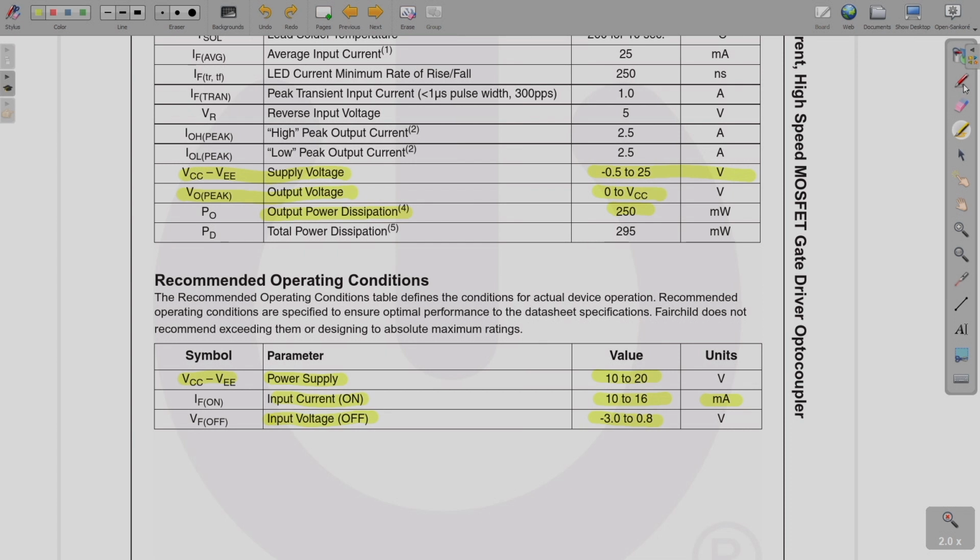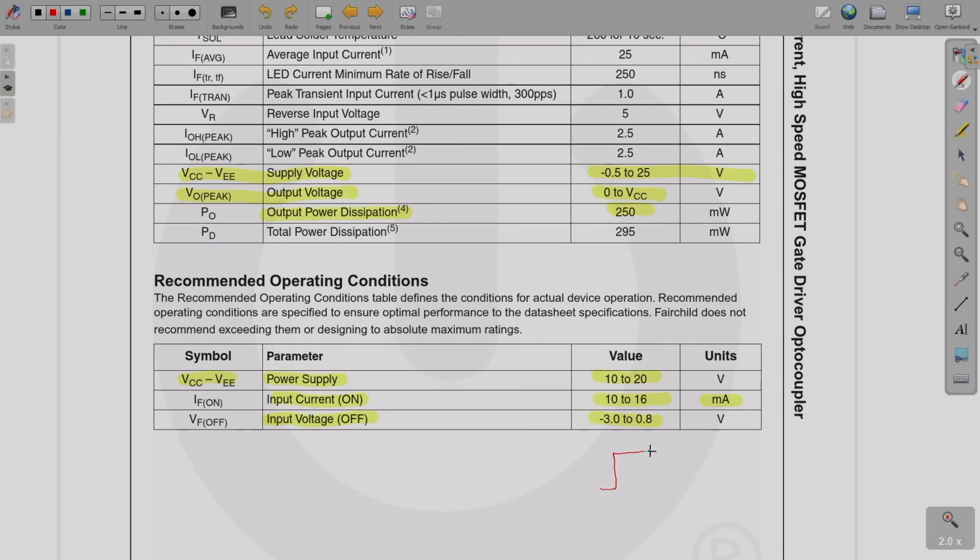So, what it means is that when you have this kind of a pulse coming up, the low one will be detected if it is between -3 volt to 0.8 volt. Whatever controller you are using, accordingly you can see what will be considered as low by the driver, the way it is designed.